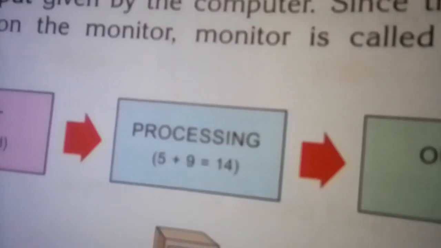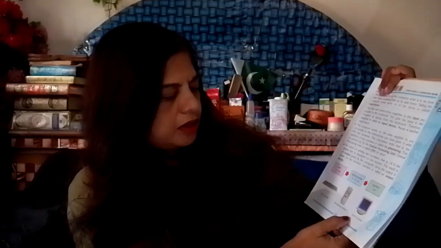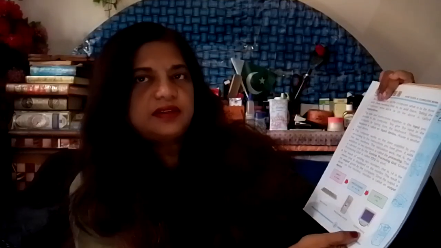Input, processing, output. Input device is the keyboard, processing device is the CPU, and monitor is the output device.